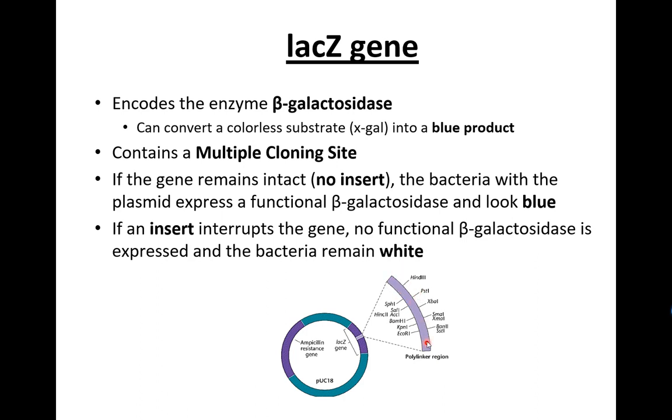So if you don't clone anything, the beta-galactosidase gene is still intact, and therefore will still be able to convert this colorless substrate into a blue product, right? However, if you now clone something inside here, you would disrupt the reading frame of the beta-galactosidase gene, and therefore this gene with the insert inside will not be able to produce a functional beta-galactosidase, and there will be nothing able to convert this colorless substrate into a blue product.